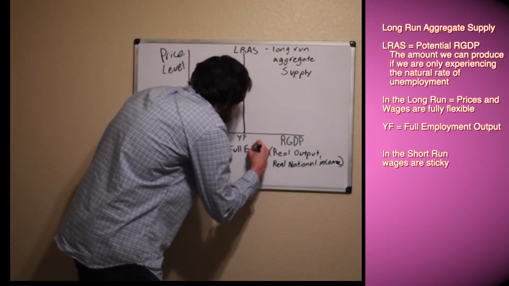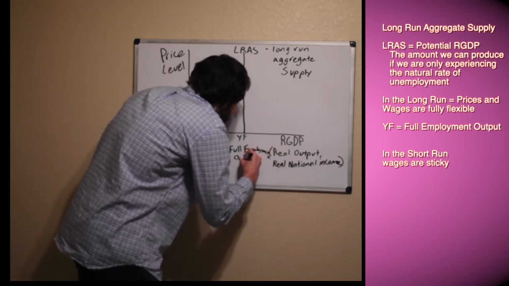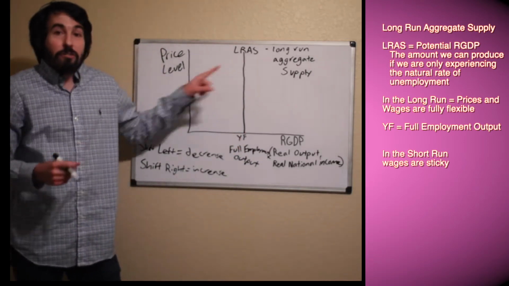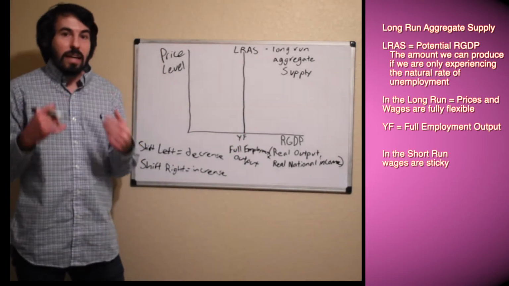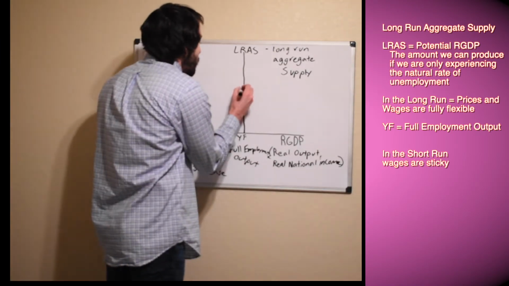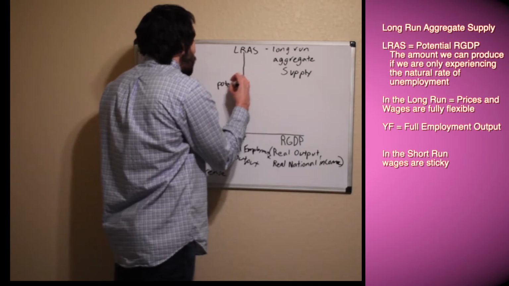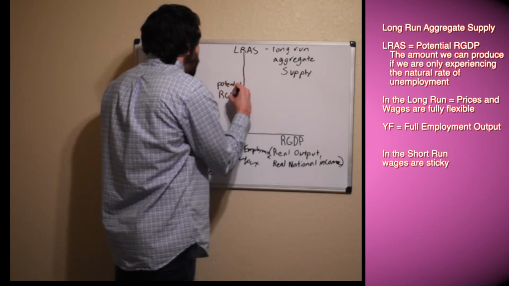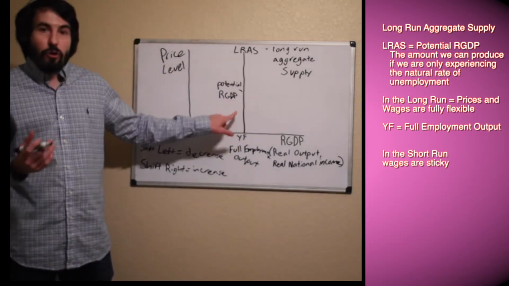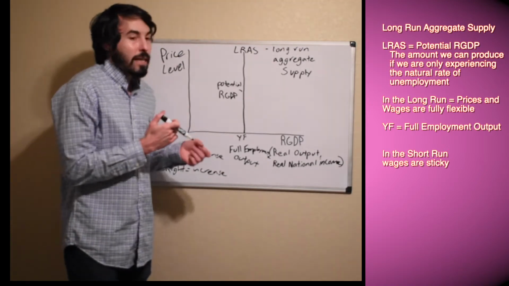This is how much stuff we could make if we're only experiencing the natural rate of unemployment. So you could also refer to this as our potential real GDP. This is how much we should be able to make if we're only experiencing the natural rate of unemployment and we're at full employment output.